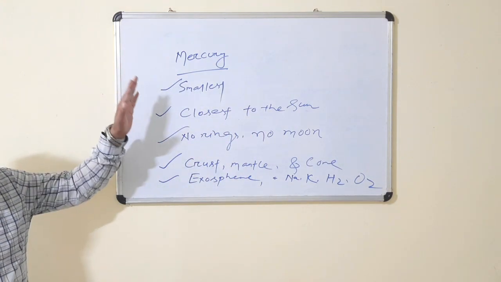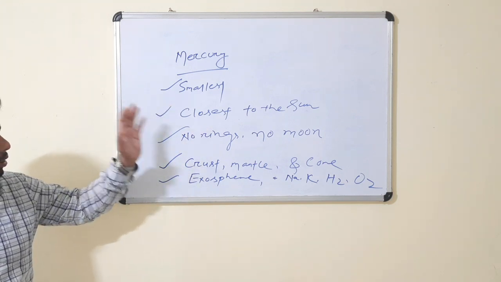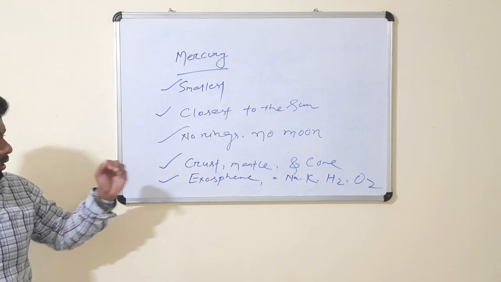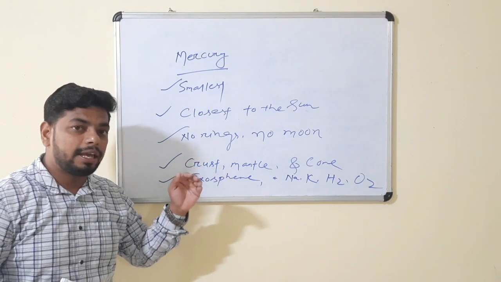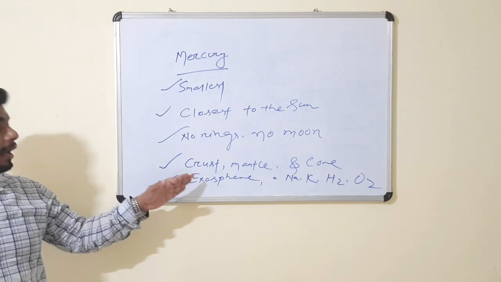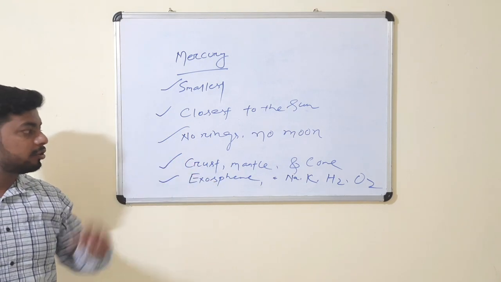Please note it. It is the smallest, it is the closest to the Sun, it has no rings, no moons. Like other terrestrial planets, it has various layers: crust, mantle and core. It does not have any atmosphere, only a slight exosphere.